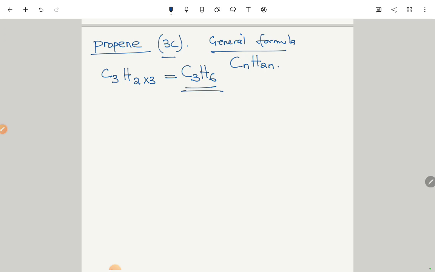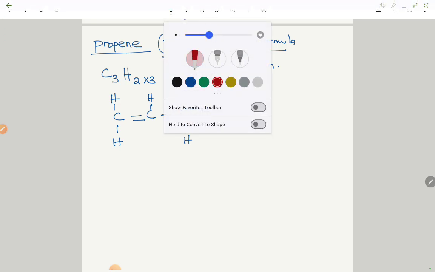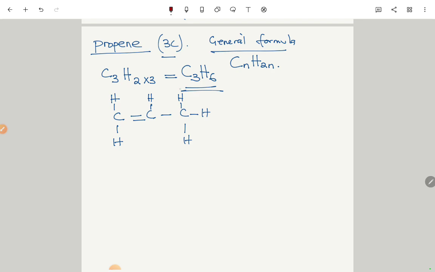Remember, being an alkene, it means that this species should have at least a double bond in its structure. So this is a structure of propene. Having done this, you need to remember that what allows addition polymerization is the presence of a double bond. So we can now condense this.